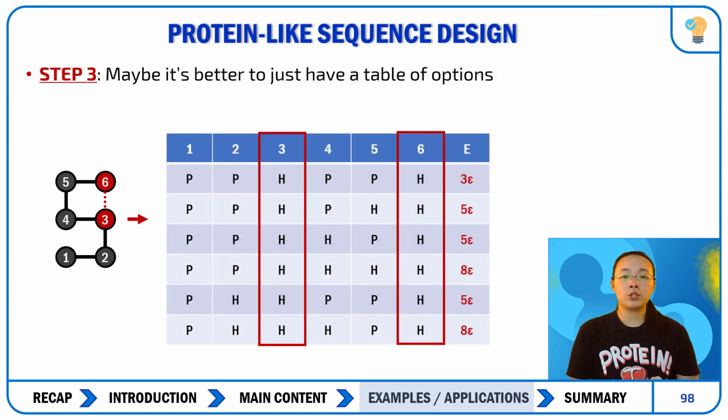So no matter what method you choose, you usually end up with a table of options. So like I said before, we were only going to force a preferred contact from 3 to 6. After that, we have 6 different possibilities of hydrophobic contacts here. And that means we have 6 possible sequences, which matches the solution we were given at the beginning.